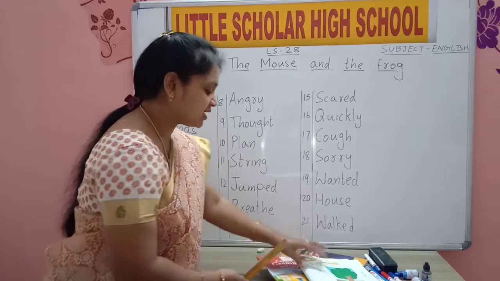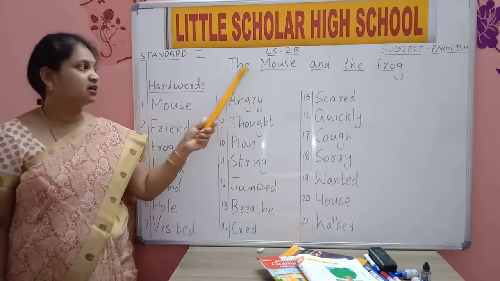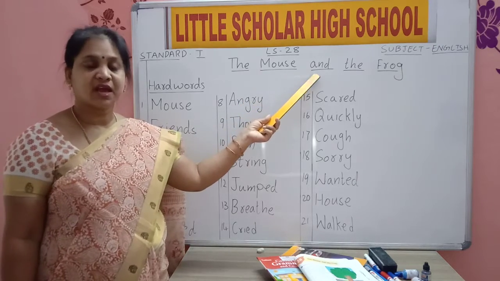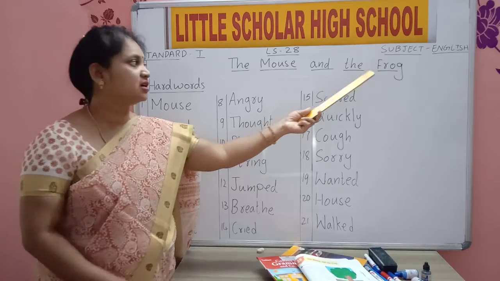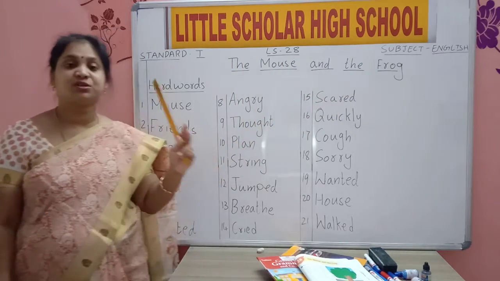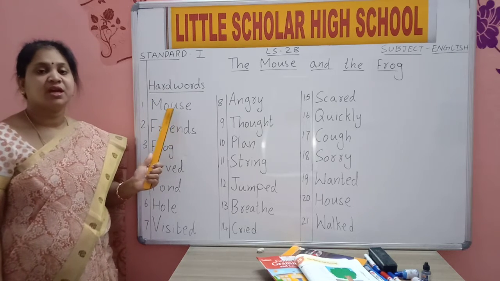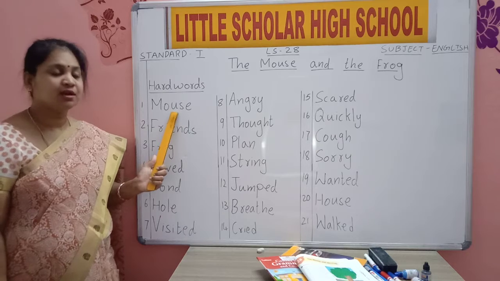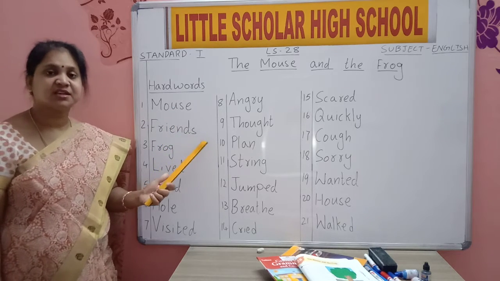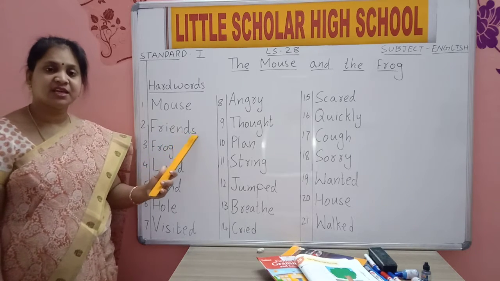Once again, shall we read all these words? Yes. T-H-E, the. M-O-U-S-E, mouse. A-N-D, and. T-H-E, the. F-R-O-G, frog. The mouse and the frog were two friends. M-O-U-S-E, mouse. F-R-I-E-N-D-S, friends.